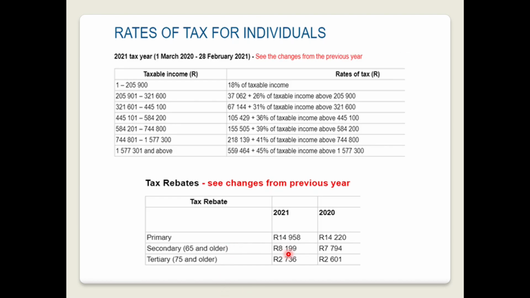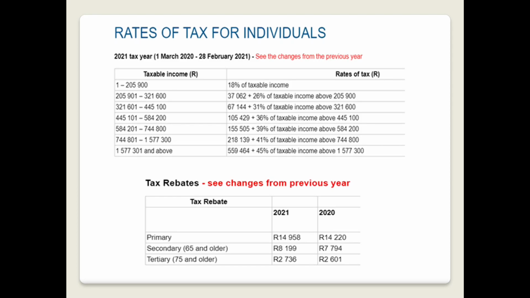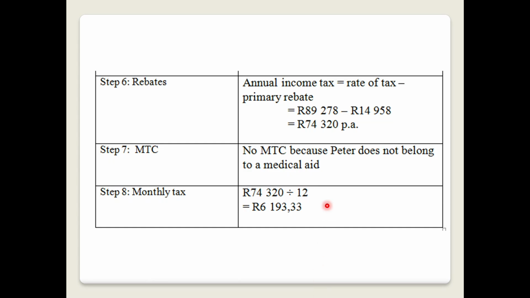Primary rebate, and Peter, in the question, Peter was 37 years old, and he is entitled to the primary rebate. So let's just move along, and then we are allowed to deduct that. So then, for the tax payable, 74,320 per annum, in other words, per year.